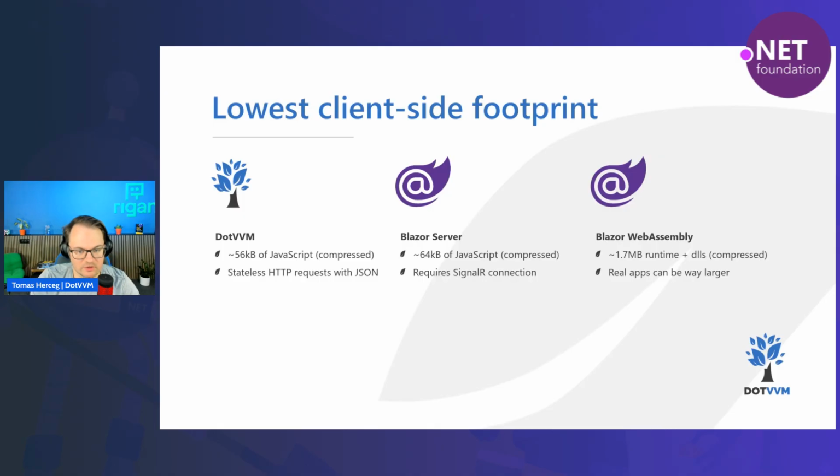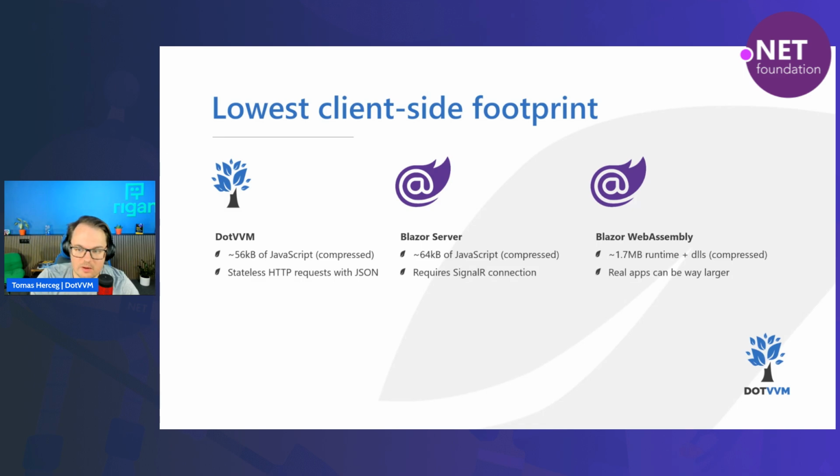With Blazor Server, that is quite similar. However, in order to make Blazor Server work, the page needs to be connected to the server using the SignalR connection. So if you are on a non-stable connection, that could make some tiny issues.